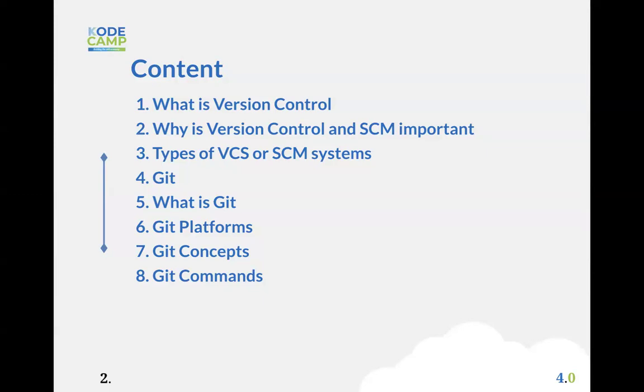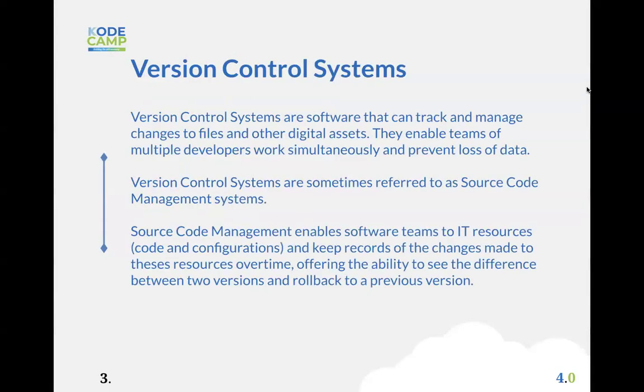All right. So, version control. Version control systems are software that help teams, that help engineers, to keep track of the changes in their files and their data and their code and the entire digital assets.